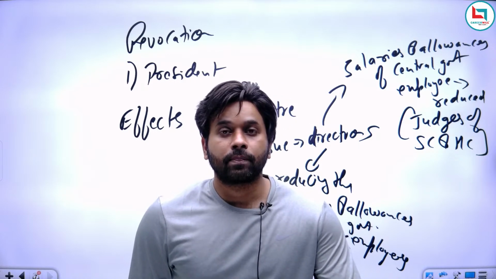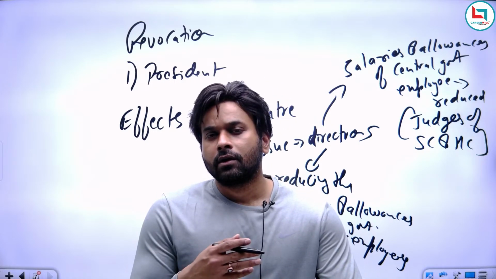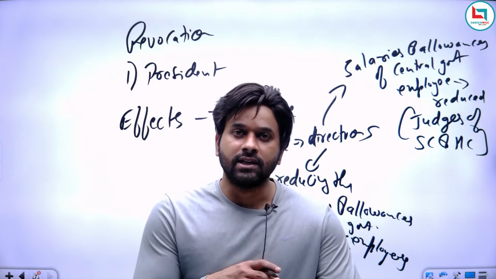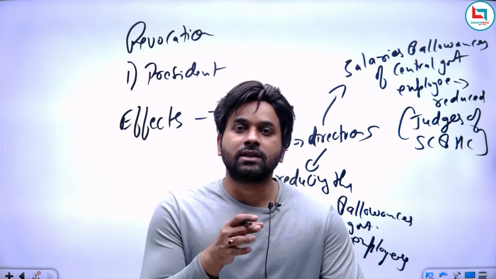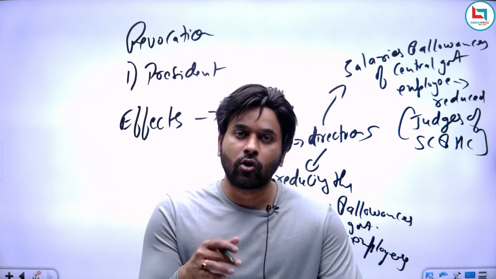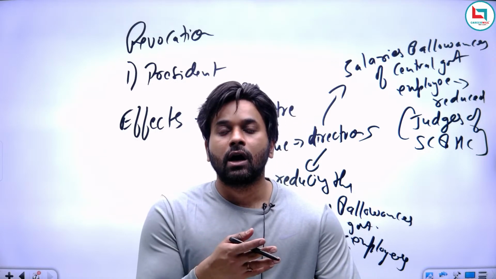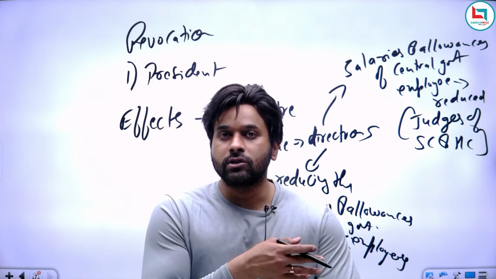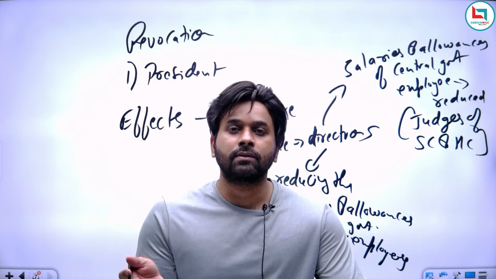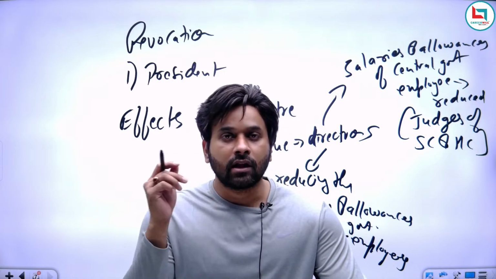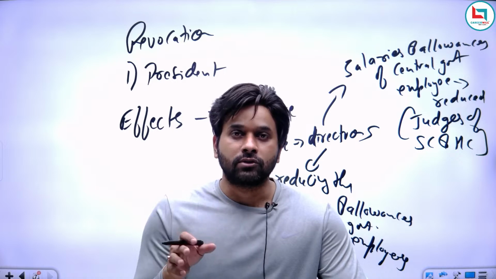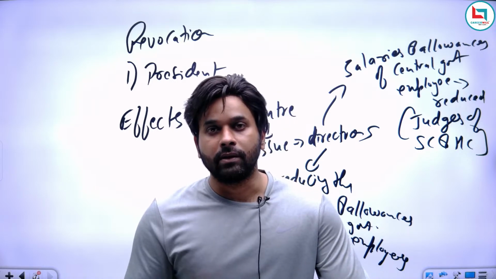So in simple way, during the financial emergency, the center can issue directions to the states that you please reduce the salaries and allowances of your government employees, and such direction can also extend to reducing the salaries and allowances of the central government employees. So in other words, the salaries and allowances of both the central and state government can be reduced. It all depends upon the central government.